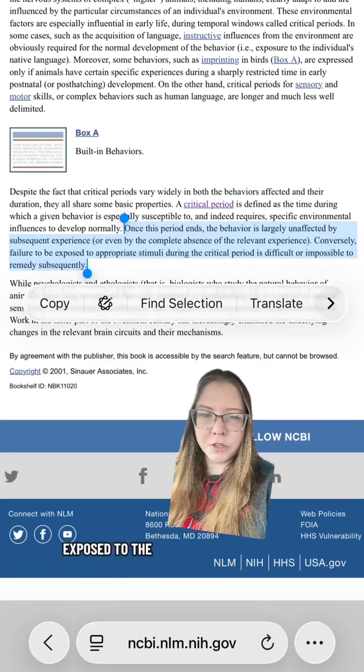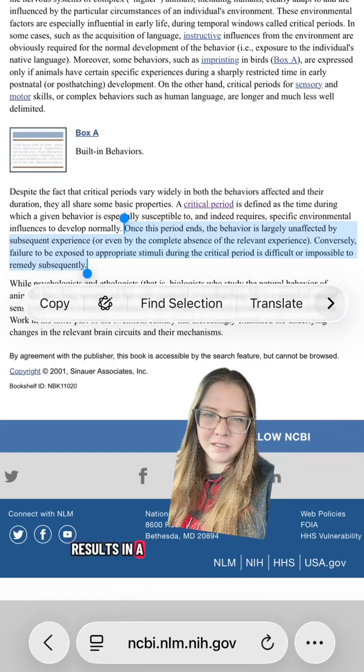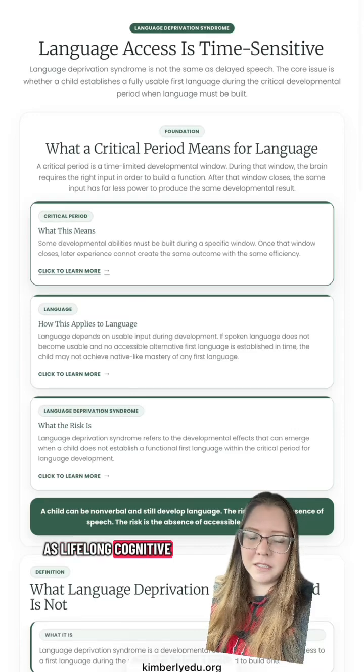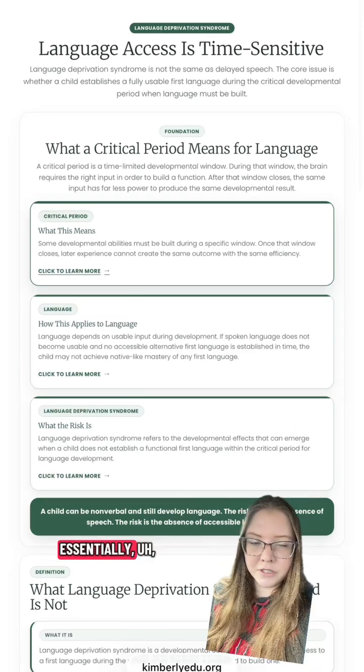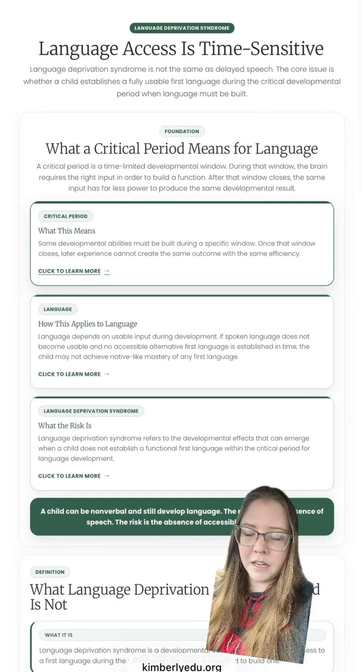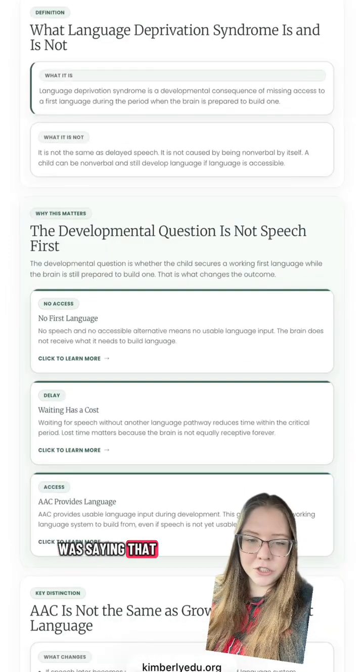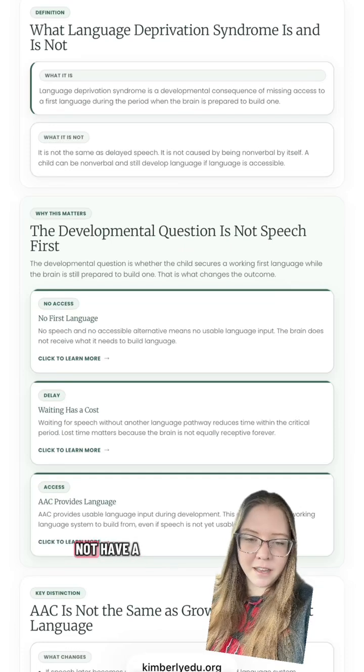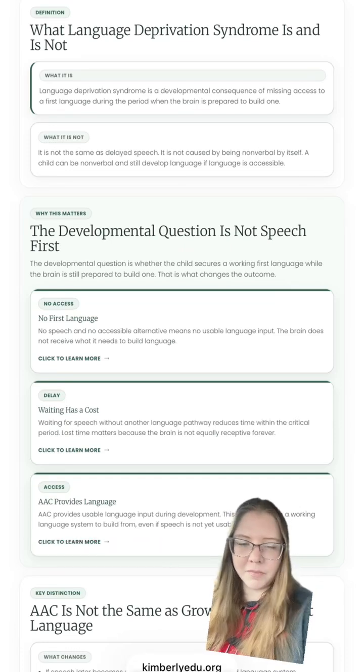Failure to be exposed to the appropriate stimulus or acquire these skills during that time period results in a nearly impossible situation to rectify, with lifelong cognitive consequences. Essentially, if I was not able to get her talking during this critical time period, from all of the things I was reading, I was seeing that she would functionally not have a first language, ever.